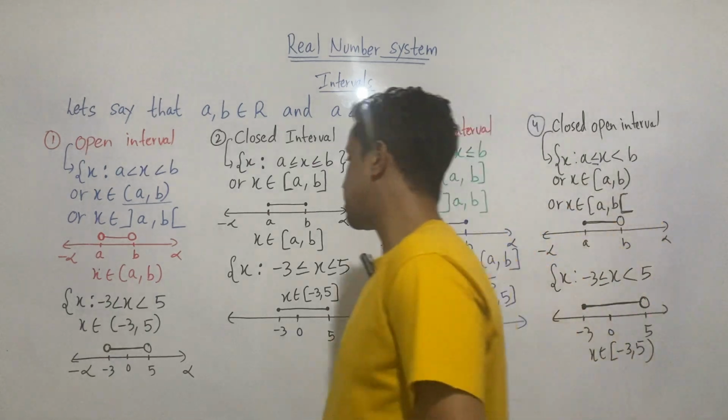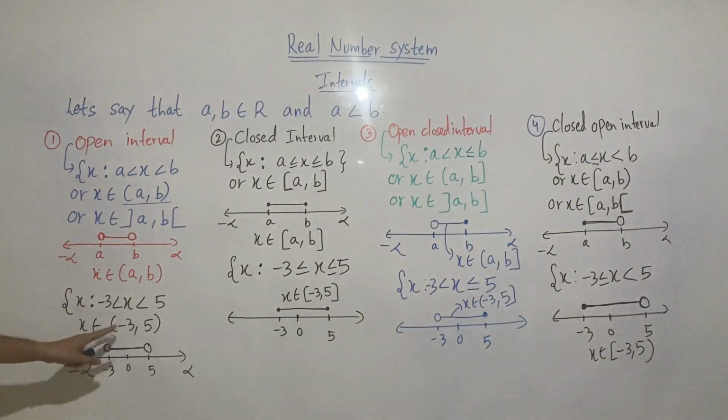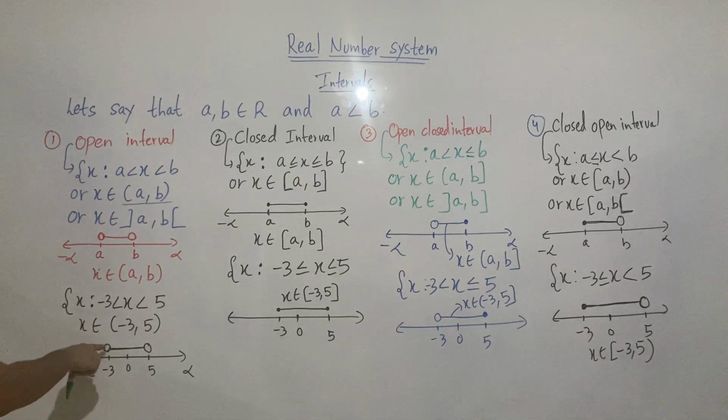Okay, now see here, there are different ways to write it, right? Okay, so the same thing can be written as, see here, what I can do here is, x belongs to the open bracket, sorry, open interval (-3, 5).